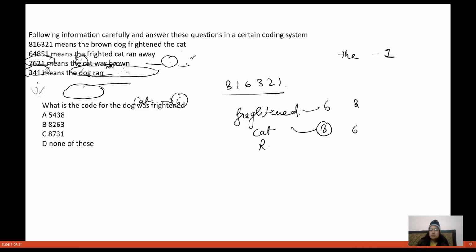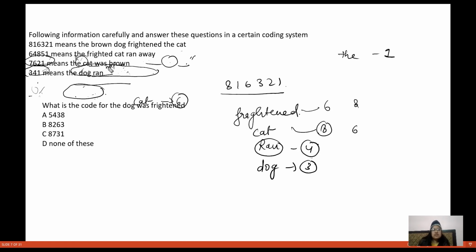So I now come to know that ran is 4, because 341 is the dog ran. 1 I know it is the, 4 I know it is ran because 64851 also has ran. So obviously the dog is 3.